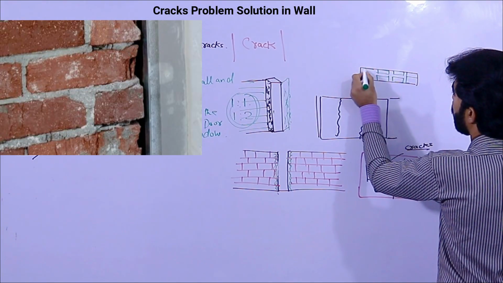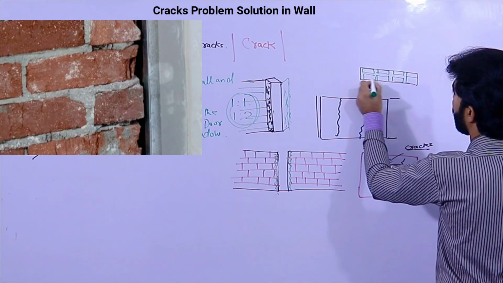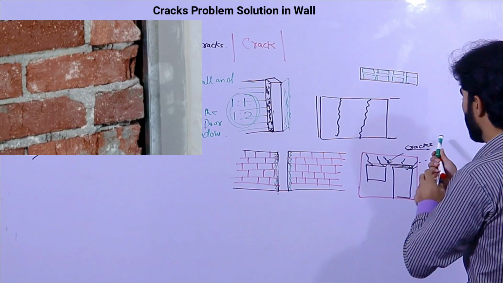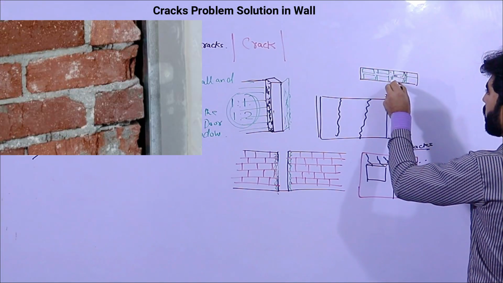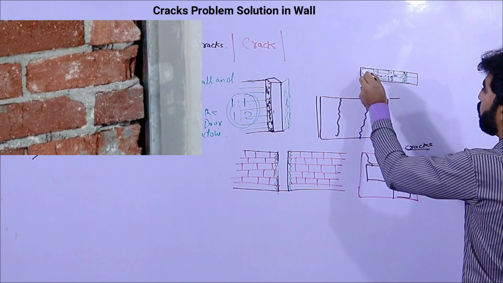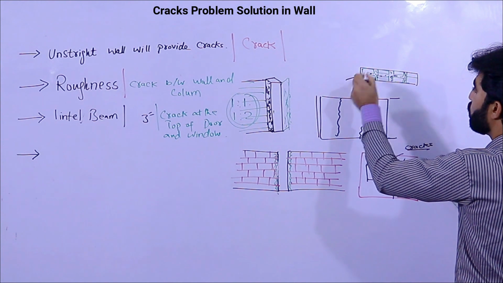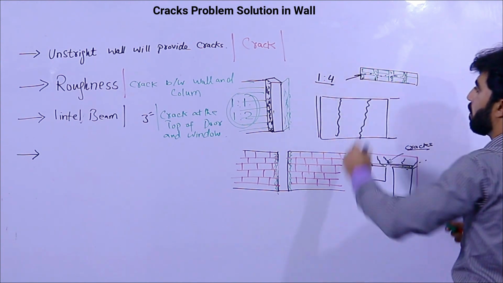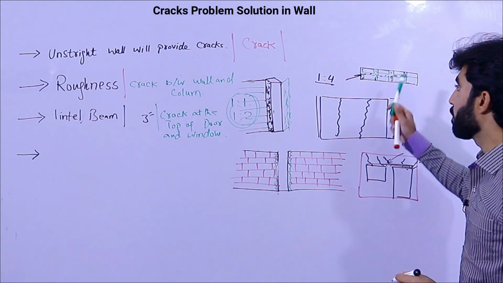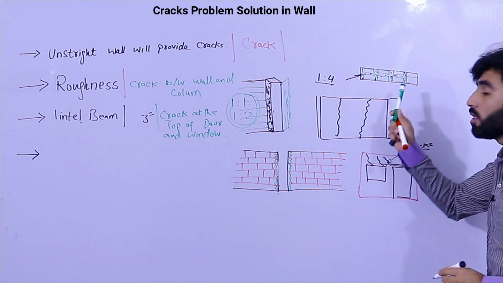The gap should be filled with mortar. Guys, you can see the gaps should be filled with mortar, and use minimum 1:4 mortar for brick masonry. Then you will never see cracks.